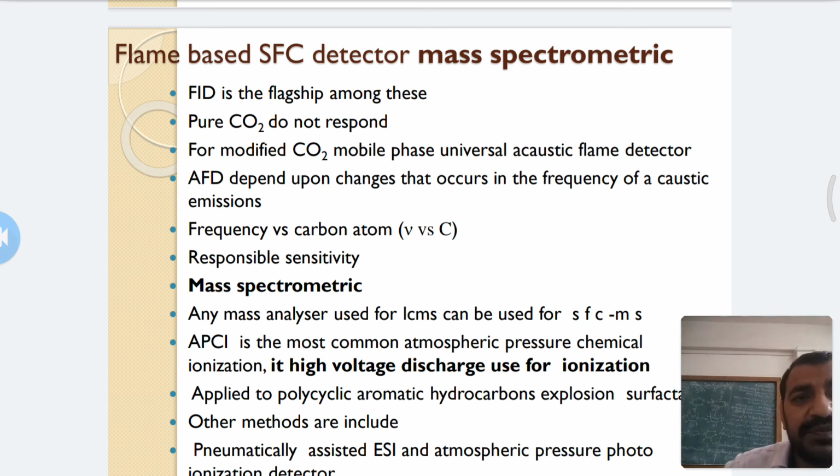These detectors depend on frequency versus carbon atom, and that is responsible for their sensitivity.